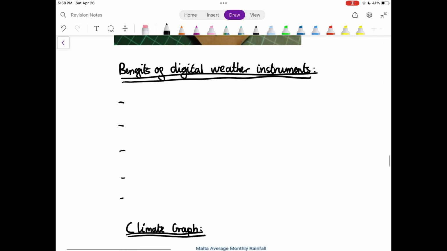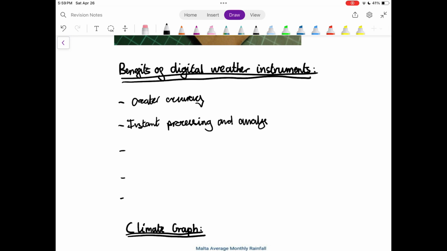So now you need to know the benefits of using digital weather instruments. So they are greater accuracy because the data obtained has more decimal places, for example, and therefore it can increase the reliability of the results. And there's also instant processing and analysis by a computer.